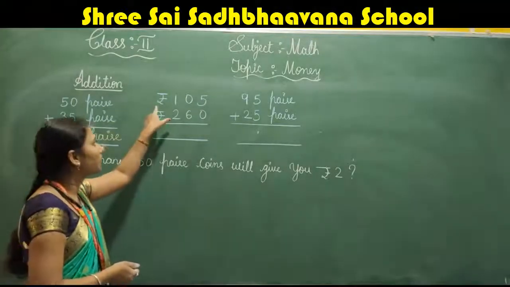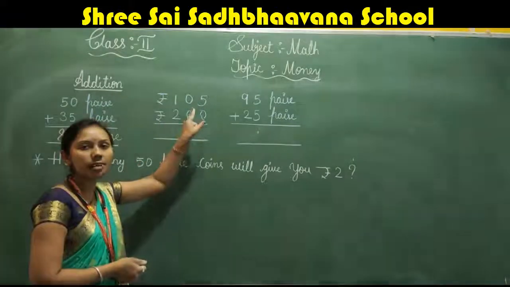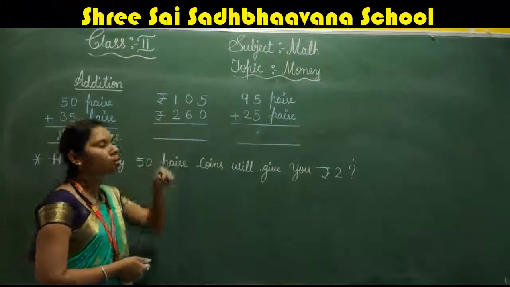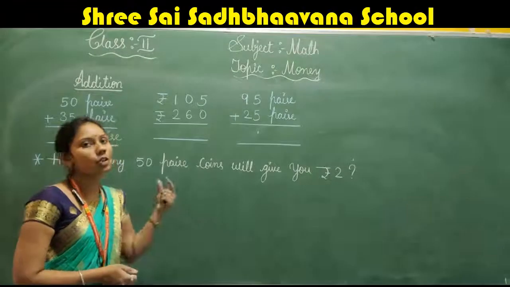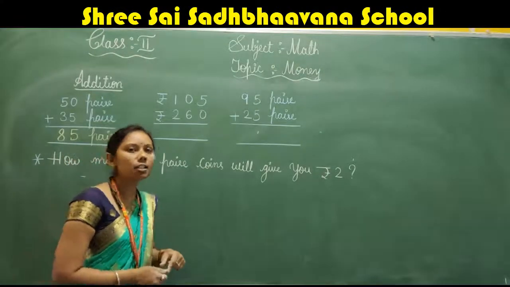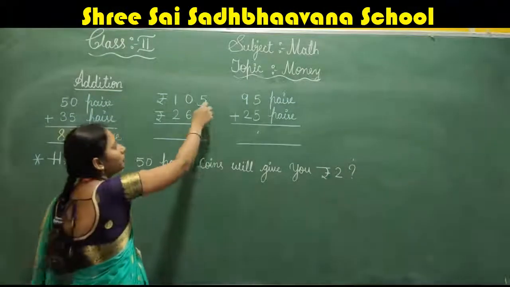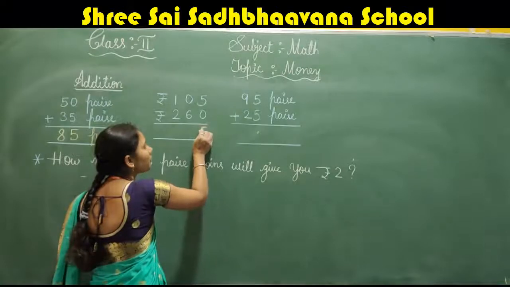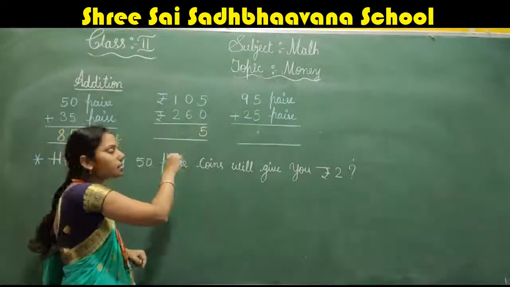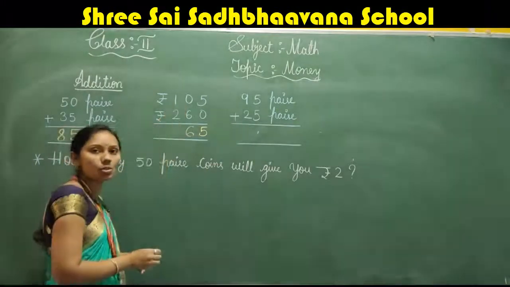Next, when you add rupees, that is rupees 105 plus rupees 260. When you add rupees and rupees, you will get the sum in the form of rupees itself. Let us add: 5 plus 0 is 5, 0 plus 6 is 6, and 1 plus 2.